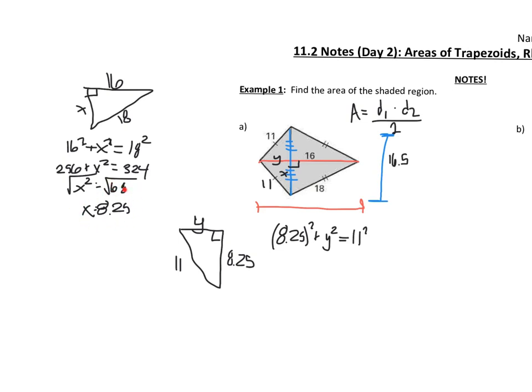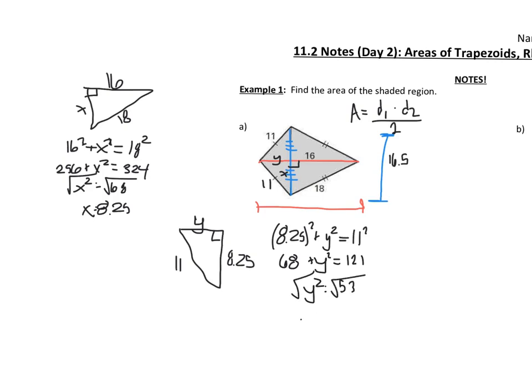So 8.25 times 8.25 should be 68. So I'm going to go back and use that value, so that way I know it's exactly right. And 11 times 11 is 121. I know that one. So we subtract 68 on both sides. So y squared should equal 53.